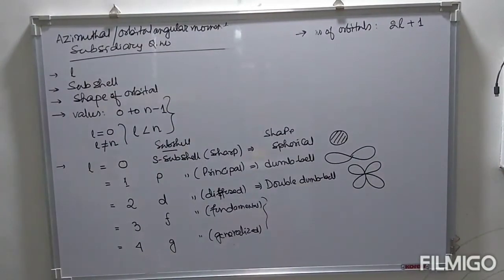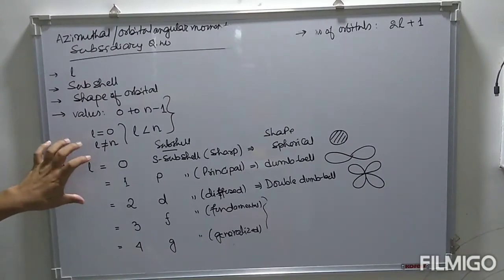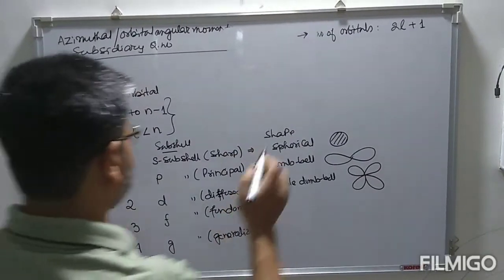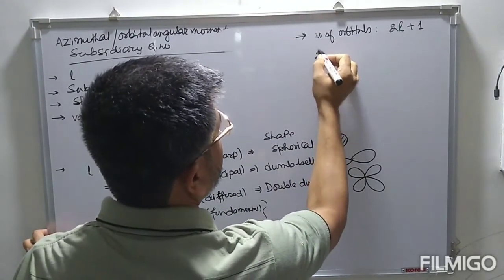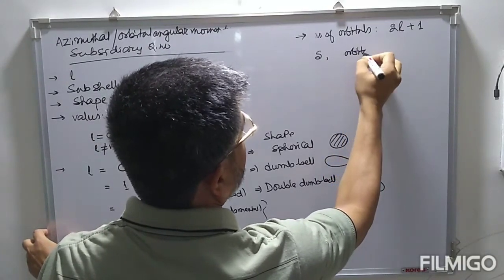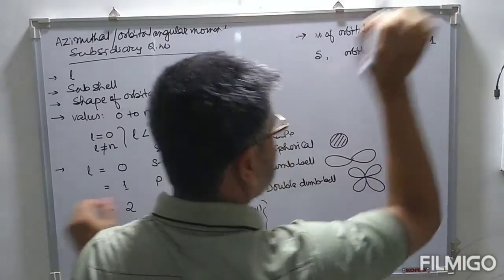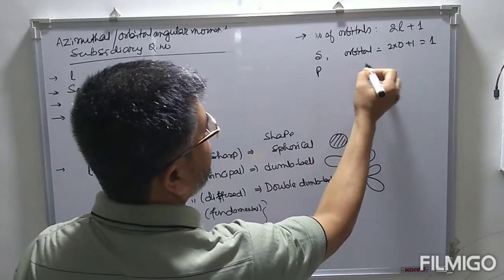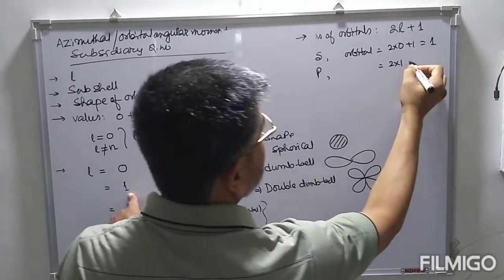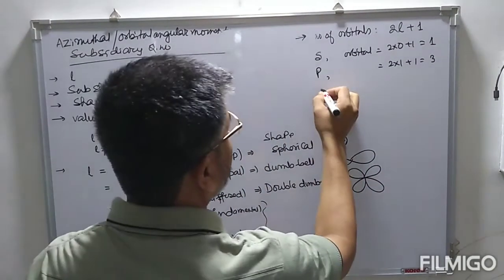So total number of orbitals in any given subshell is given by twice L plus 1. So look at this S subshell. Number of orbitals is twice L, 0, plus 1. So S subshell has got one orbital. P subshell, 2 into 1, L is equal to 1, plus 1, so P subshell has got 3 orbitals.